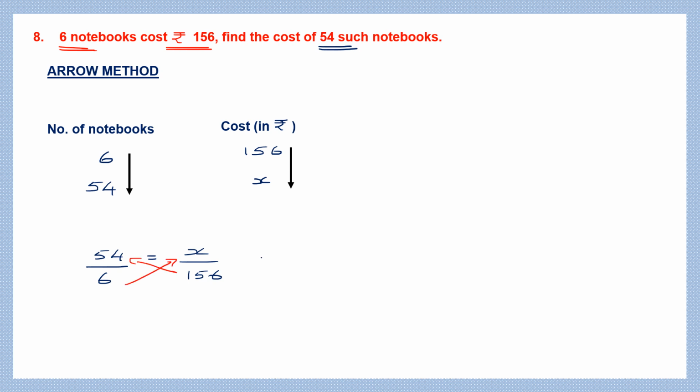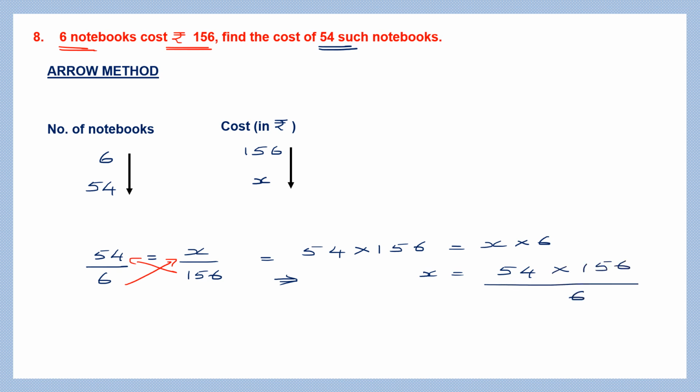Now we cross multiply. What do we get here? We get 54 into 156 is equal to X into 6. Now let's find the value of X alone. X is equal to 54 into 156 divided by 6. So here let's cancel. 6 ones are 6 and 6 nines are 54. 9 into 156 we just learned, and that is 1404.